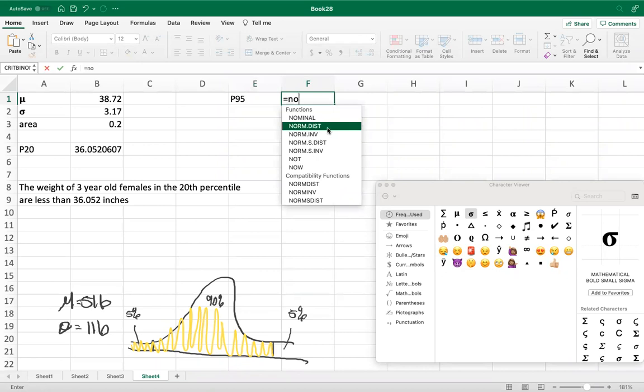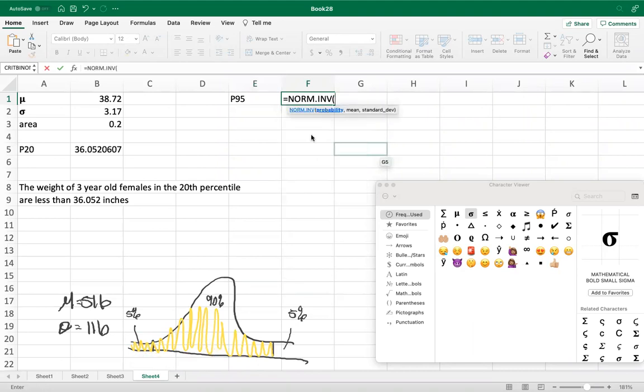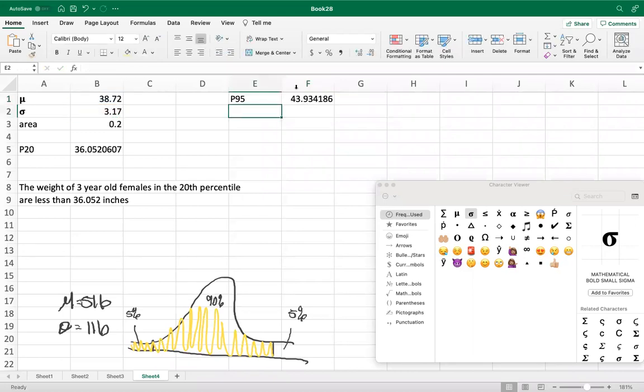Do we need an area or do we have an area? Here we have the area of 95%, so we're going to use normal inverse. Here we're looking at the 95th percentile, so 0.95. That's a probability. The mean here, standard deviation here, and that's all we need for the 95th percentile. So this is a score that corresponds to that 95th percentile. And we don't have to do any subtracting or anything because we're just getting this value right here.